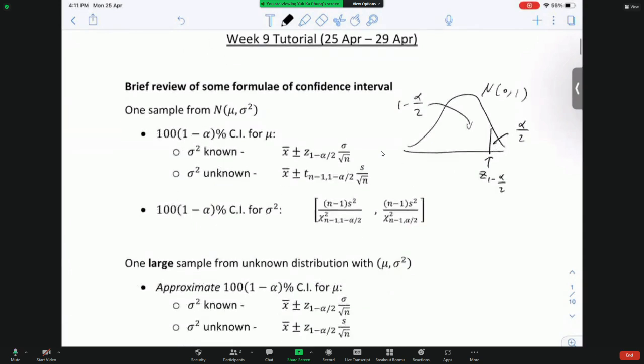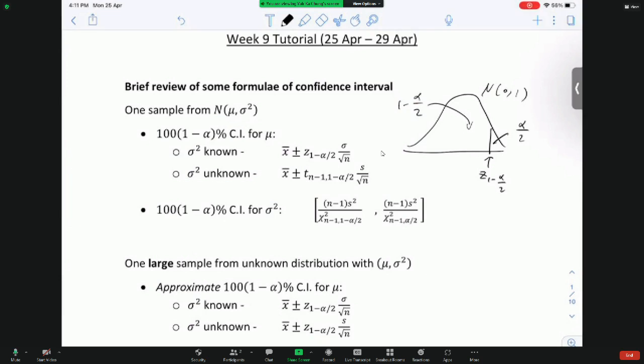Now besides the confidence interval for the mean, we also sometimes need to construct a confidence interval for the variance if it is unknown. Now the confidence interval is obtained by using this formula. You see, these two numbers will provide you the lower boundary and the upper boundary of the interval.